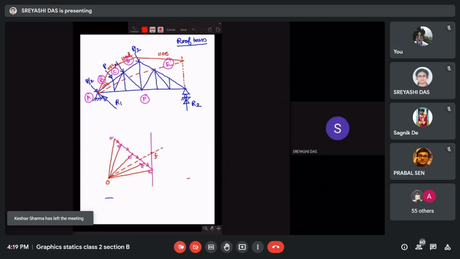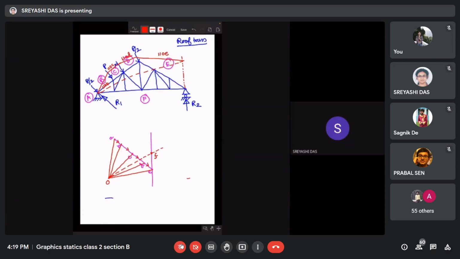So EF will be this vertical one, and FA will be this one. So EF denotes in terms of direction also and magnitude the reaction R2, and FA will denote in terms of magnitude and direction the force R1.